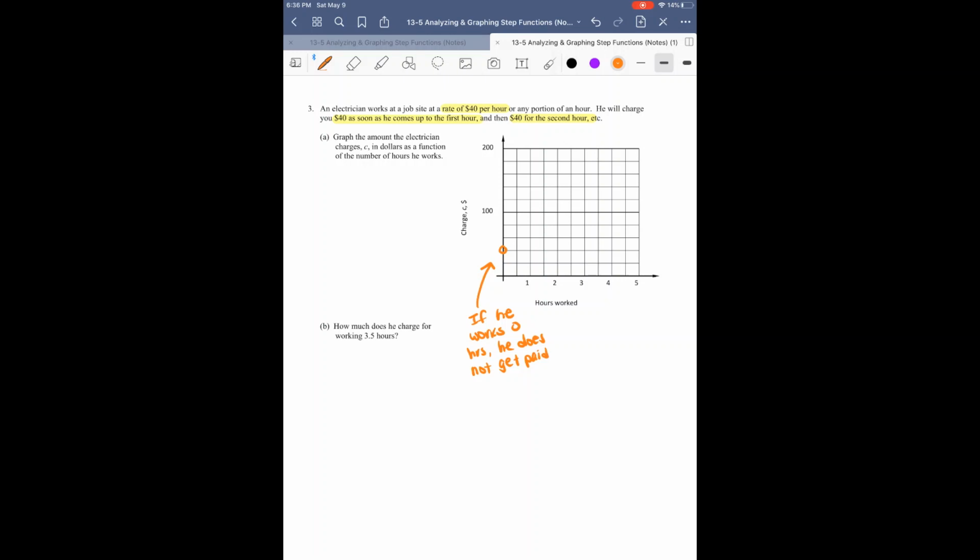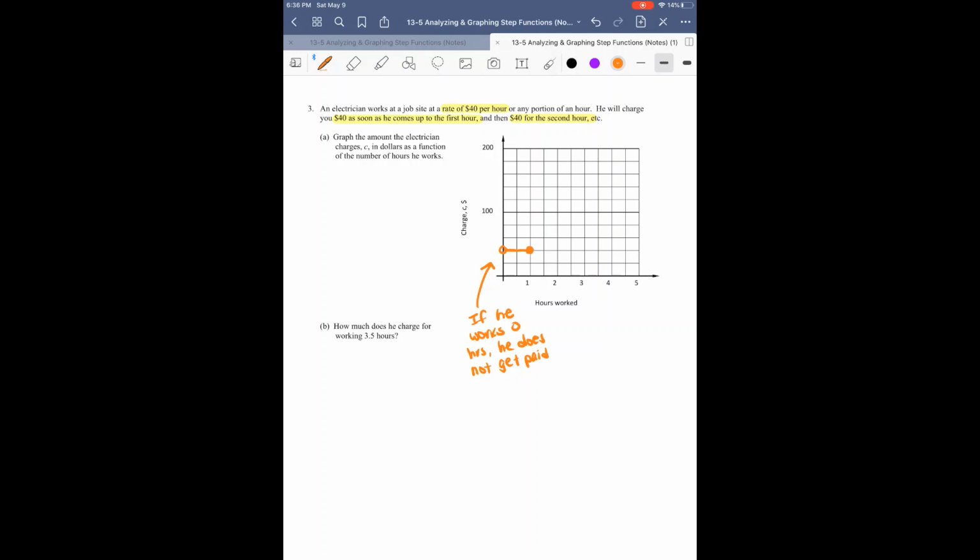But the moment he begins work, his rate of $40 per hour kicks into effect. So even if he works a half hour, he's still going to make that $40 up until he works the first full hour. So once he finishes working for 1 full hour, he will have made $40.